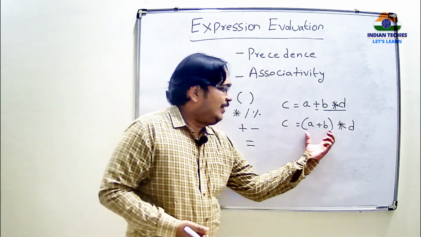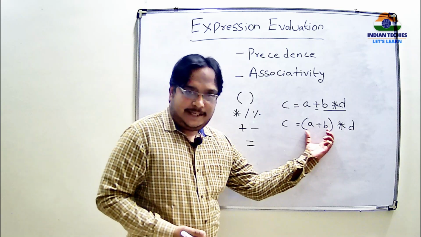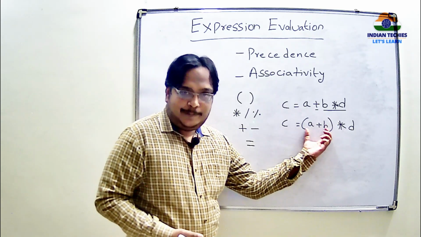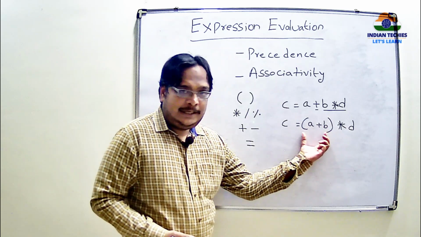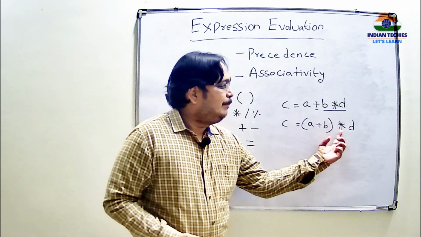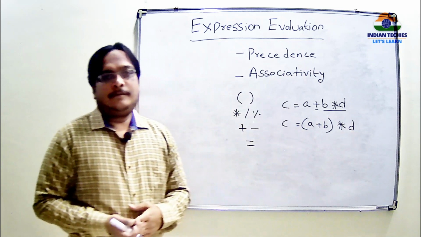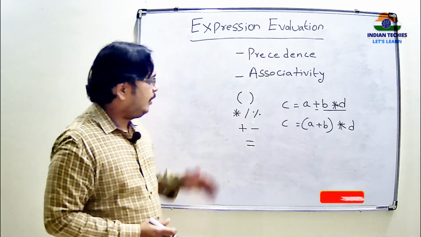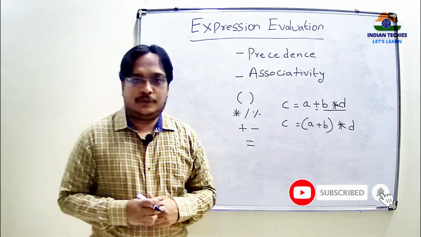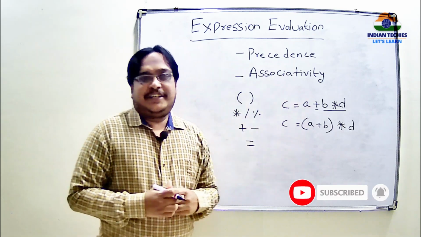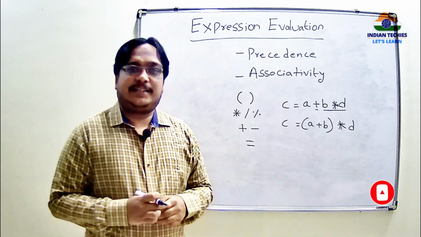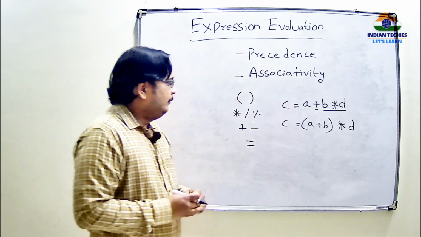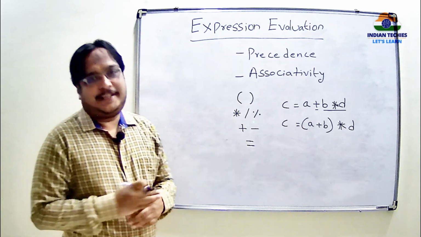So whatever operations are in this bracket will be done first. That is, first A plus B will be done since it is in the brackets. Then that result will be multiplied with D. This is how precedence, priority works. Based upon the priority, this equation performs and produces the result. This is in C. Now, this is about precedence and priority.